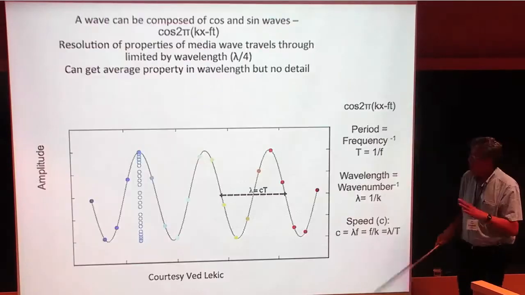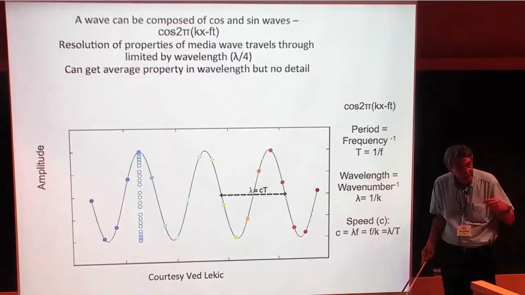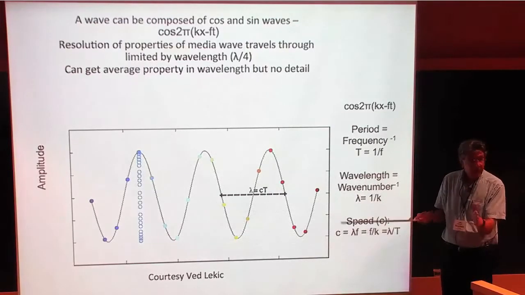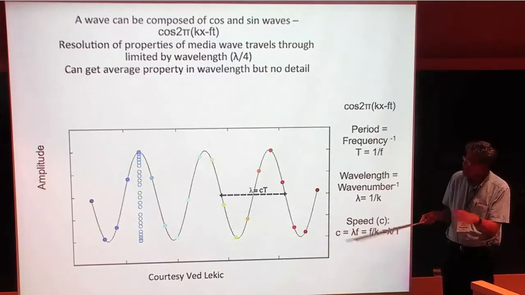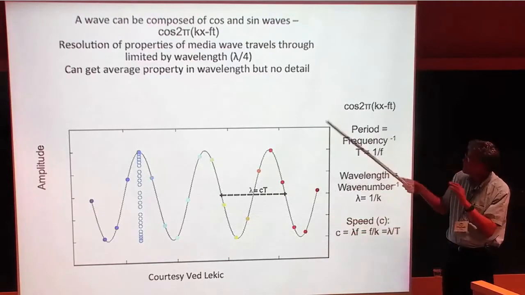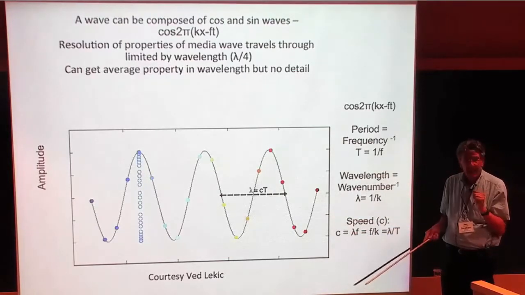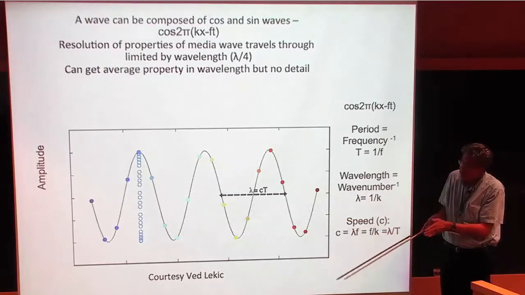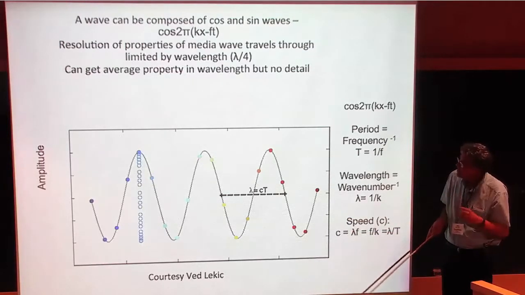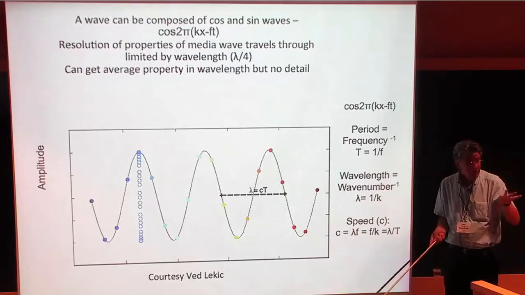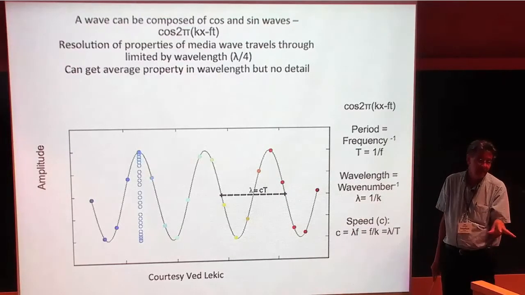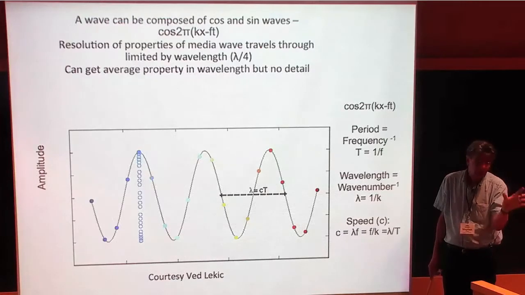So often we take seismic data like the seismogram I showed you, and people will filter it. They will make that seismogram out of a bunch of cosines with different frequencies, different wavelengths. They'll only keep a few of the frequencies and wavelengths in a particular analysis that they're doing. And why I think that's important is whatever you're trying to get out about the interior of the Earth, whatever resolution you're looking at, you are limited to about a wavelength.